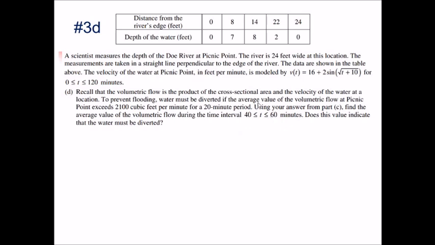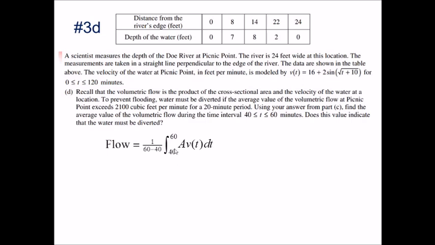I'll start with 1 over 60 minus 40 to give me the interval length. And now I know I need an integral from 40 to 60. An integral of what? Well, it's nice they reminded us, we have the product of area and velocity. The area I just figured out in part C, and I stored that as A, both on paper and on my calculator. Velocity is still what it is. It's just v of t again.